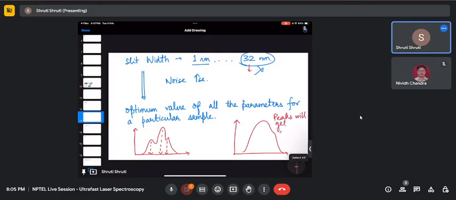I think this same question I discussed in the last session. So I have given the reason for the acids. The same reason is true for the bases as well.